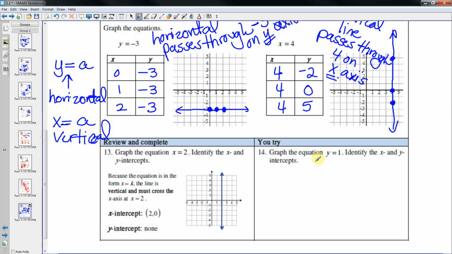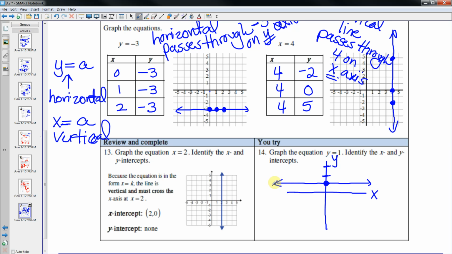So down here on number 14, we've got y equals 1, graph it. So I'm going to draw a little graph. If I have y equals a number, I know that that's going to be a horizontal line through, remember this is my y-axis, through 1, because y equals 1. I don't really have to plot any other points.